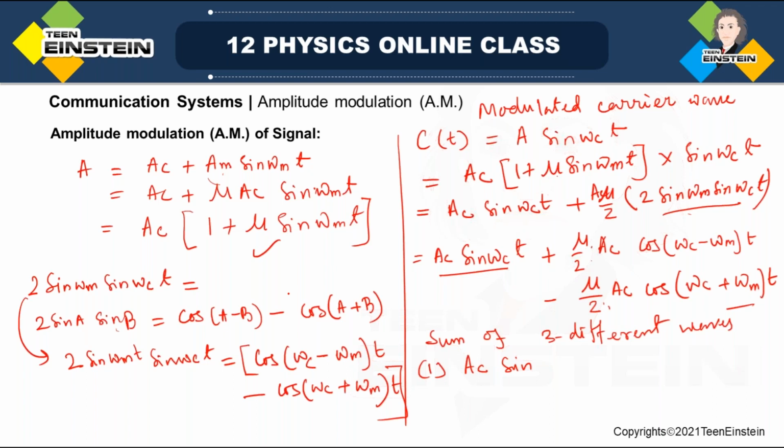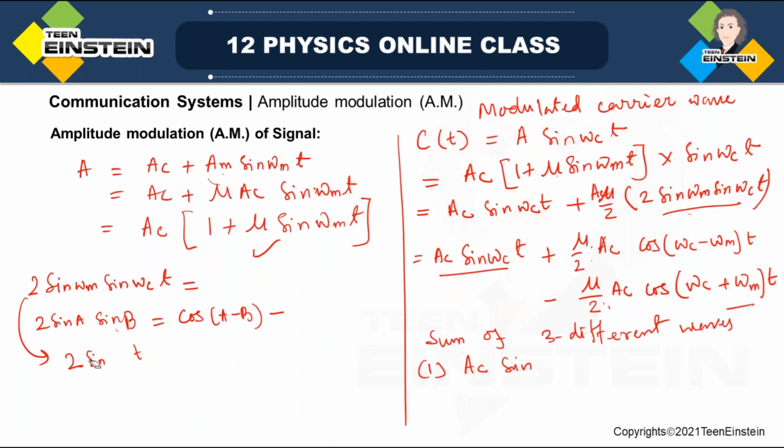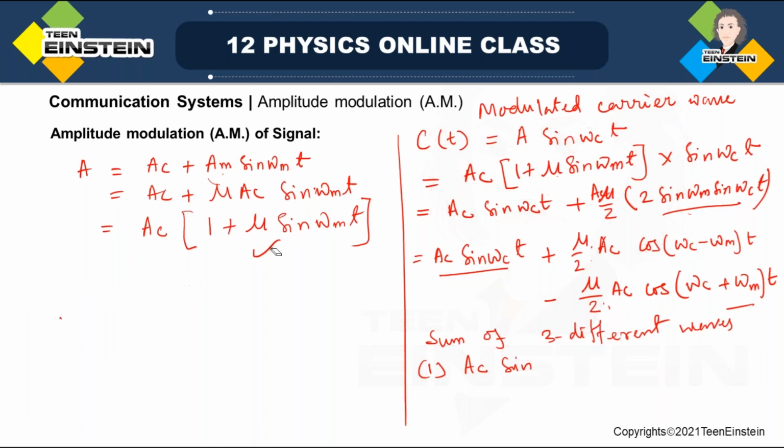Let me erase this part so we can discuss that. This is very interesting. After modulation we are getting three signals, actually three different waves. We'll read what is the significance of that also.